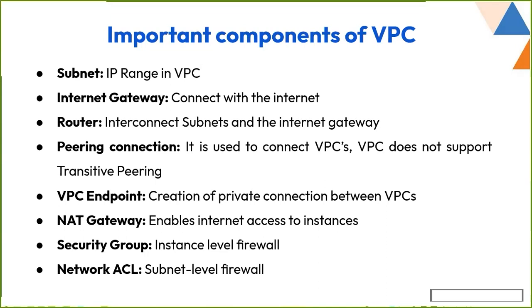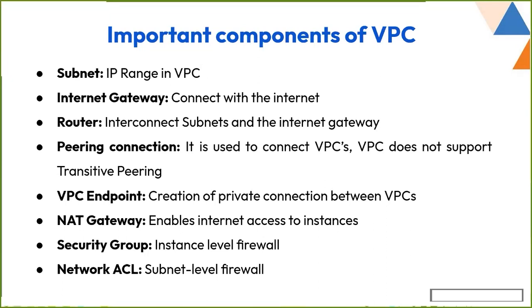Okay. Then we'll come to the next point, VPC endpoint. A VPC endpoint is used to create a private connection between VPCs and the public AWS services. Okay. Then NAT gateways.